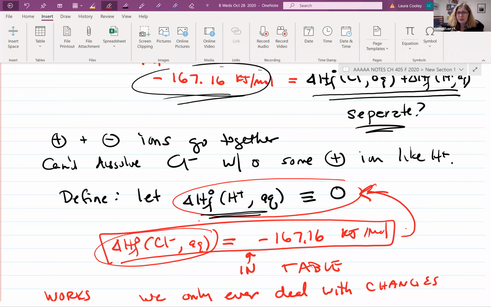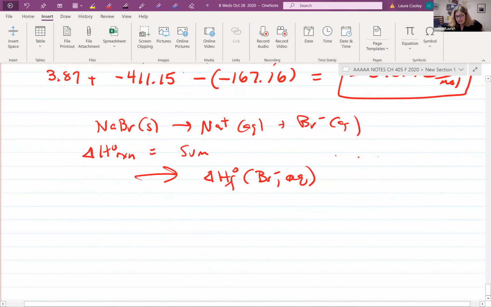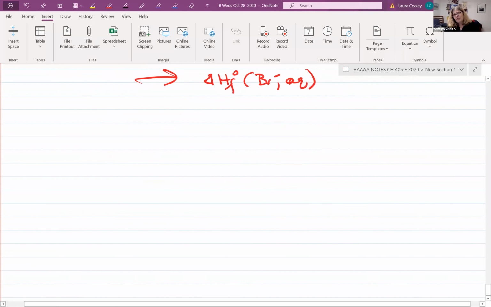I knew it had to, but until I did it out, I didn't really trust it. So I made a special problem about that. And it's a good problem because it's good practice to do this sort of thing. But also I think that once you do this problem, you could really believe those numbers and know that they work. You could have picked any zero you wanted, but it's just most convenient to have picked it for hydrogen.